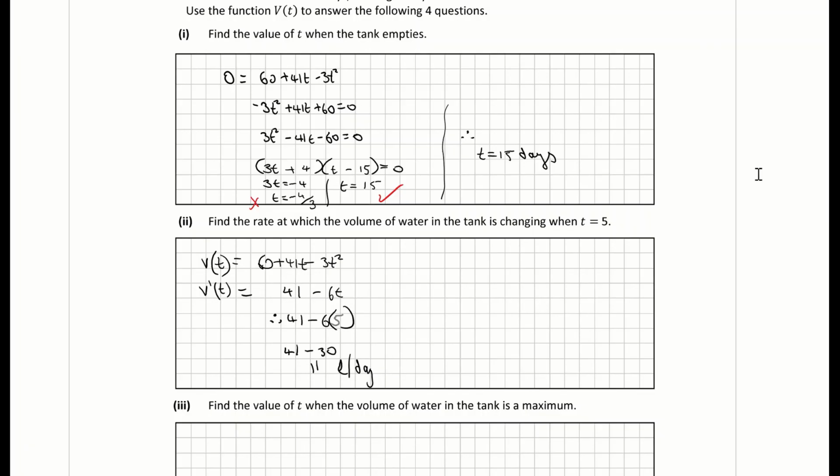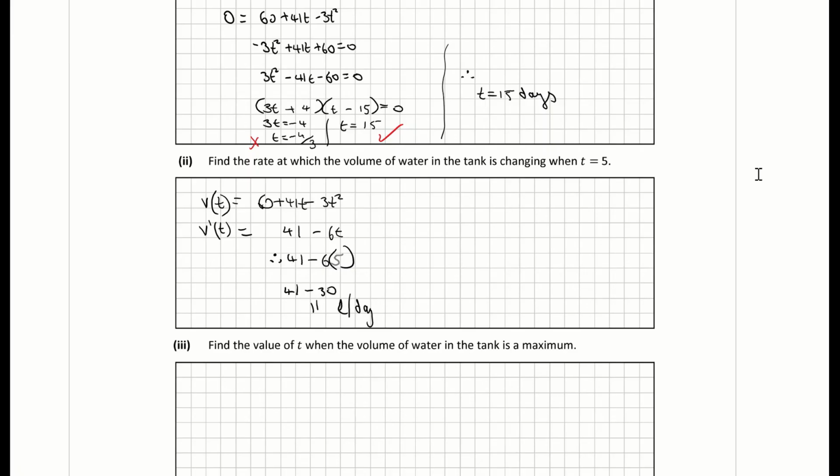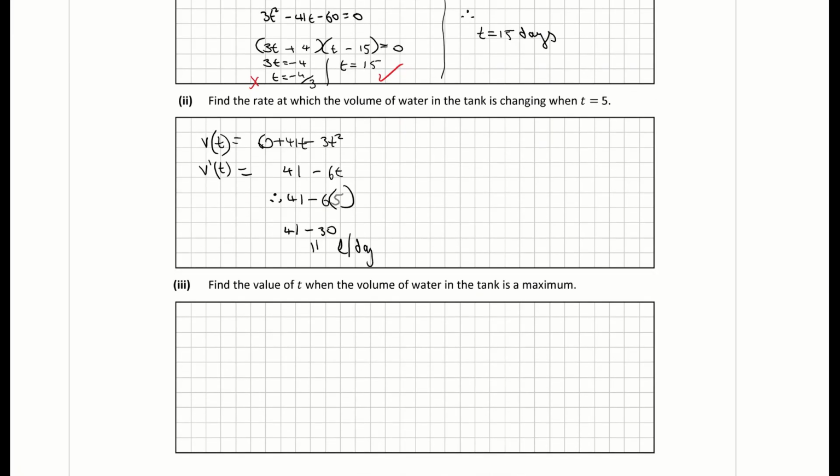Part 3, find the value of t when the volume of the water is at its maximum. So the key word here is maximum, which is like your minimum and maximum turning point. So that's when you have to differentiate and let it equal 0, because it would be the minimum or the maximum turning point in this case. So once again, your formula for the original volume is 60 plus 41t minus 3t squared. We differentiated that from up above, and we got 41 minus 6t.